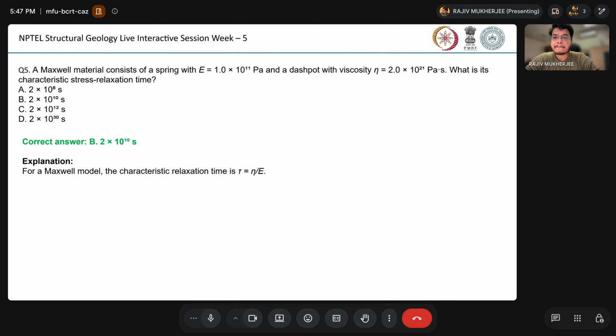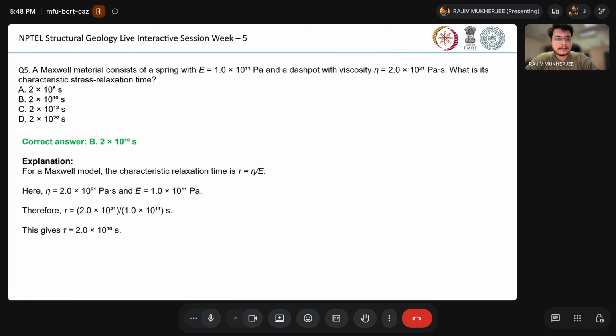Here the viscosity is 2 × 10^21 Pascal second, and the Young's modulus is 10^11 pascals. That means it's nearly 100 GPa, right? So if we plug in the values, we get the relaxation time 2 × 10^10 seconds.